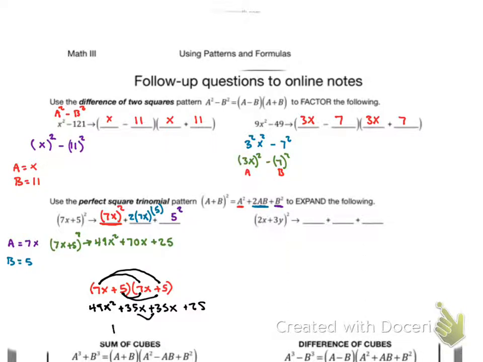Combine like terms, and you're left with 49x squared plus 70x plus 25. Okay, so again, this pattern makes it a lot easier when you want to expand these.